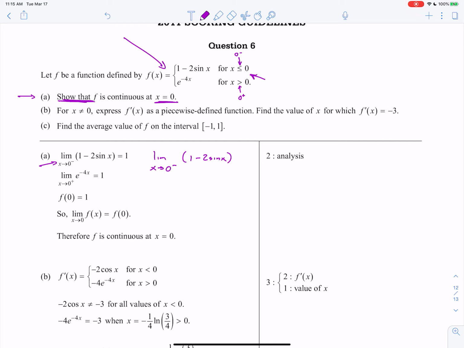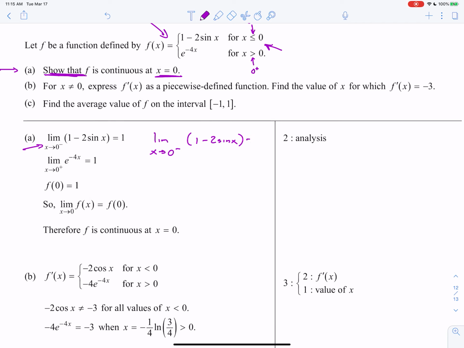If I'm approaching 0 from the left, you guys are doing just this. You're plugging in 0. Remember when you're given a limit problem, the first thing you do is try to plug in the number and hope for the best. You hope for a value. And if there isn't a value, then we either have to apply manipulation or L'Hopital's rule, okay? In this case, if I plug in 0, the sine of 0 is just 0, so I'm left with 1.